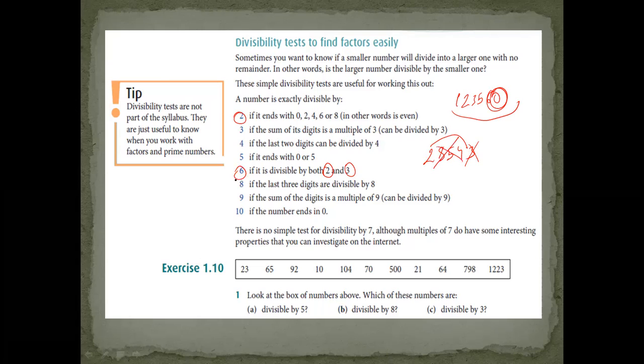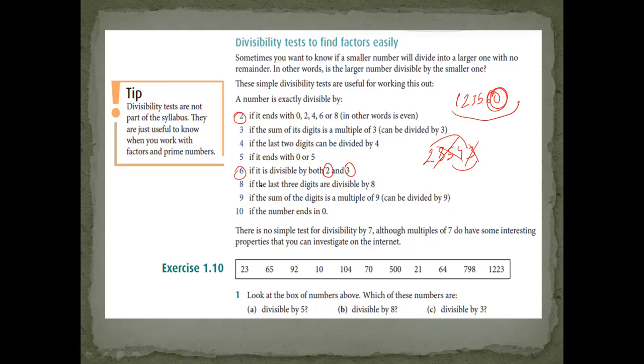And 8, what about 8? If the last 3 digits are divisible by 8. Because 8 is an even number, it should be divisible by 2 and 4, now you can write it.